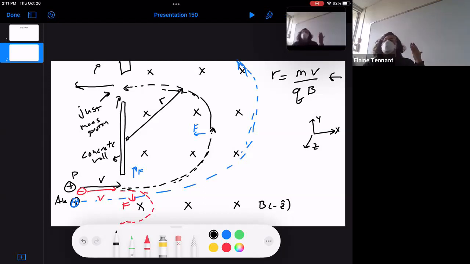And that way I'd only get protons out. I wouldn't get helium ions or gold ions or anything else. I just get protons. If I want gold ions, I'd put the hole way higher up.